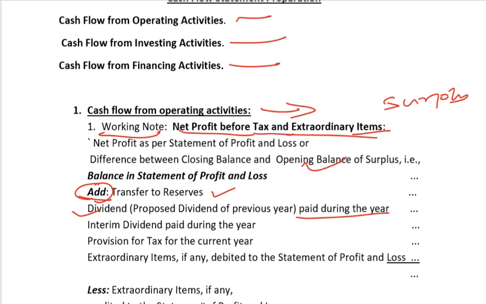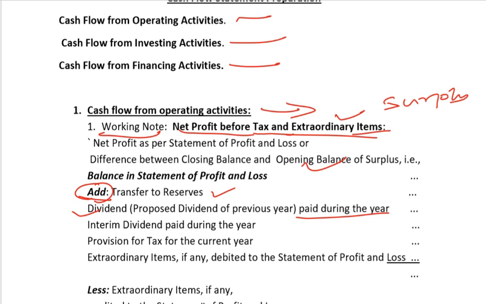Only the previous year proposed dividend we are adjusting here. We have to add it back along with the profit to calculate the net profit before tax and extraordinary item. Let's say we are giving the dividend; that dividend giving is the financing activity. Under the financing activity, we can show it as an outflow of cash.